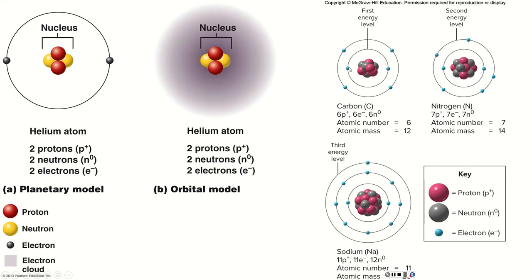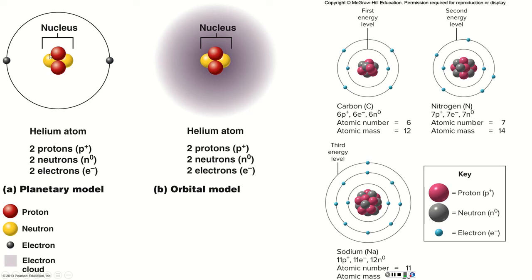The first shell can hold 2 electrons, the second shell, and every shell after that can hold up to 8 electrons. And we only add another shell if the previous shell is full.